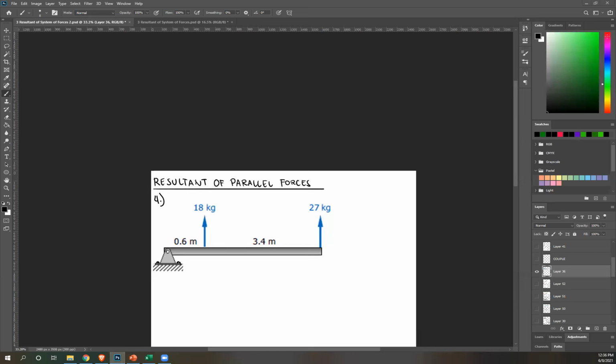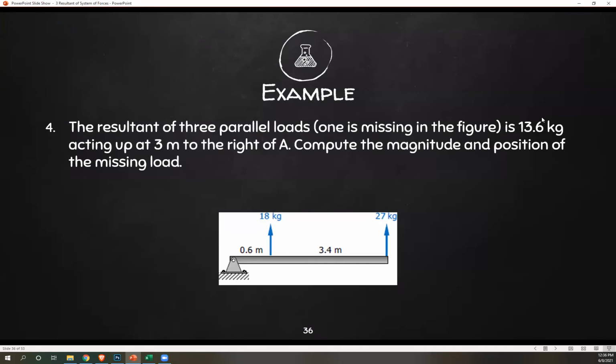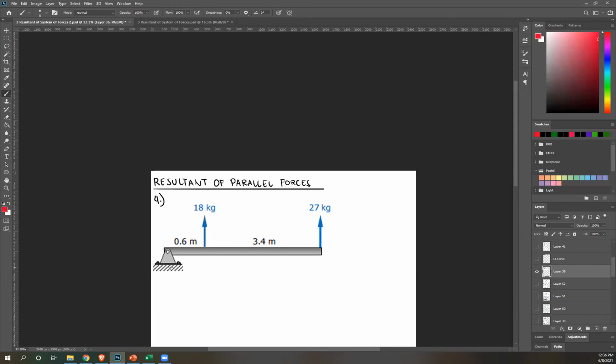So let's try to indicate our given. We had a resultant. It's 13.6 kilograms acting up at 3 meters to the right of A. 3 meters to the right, it's already specified. By the way, this is A. So 3 meters. It's somewhere here, right?